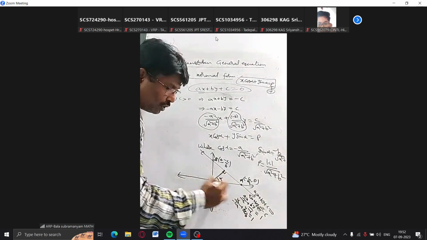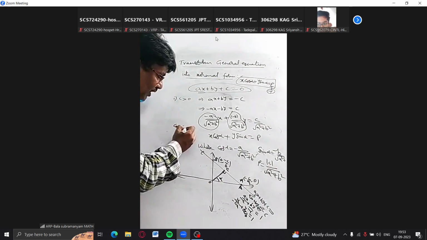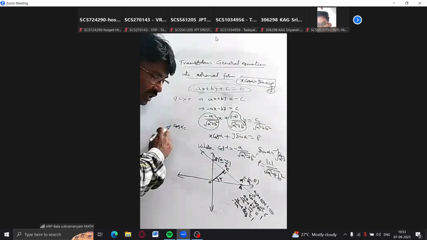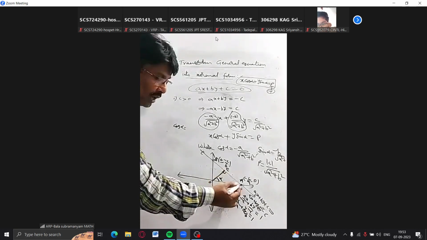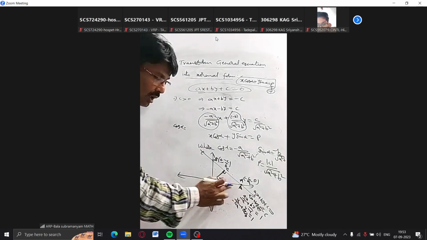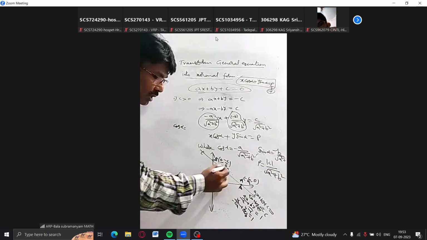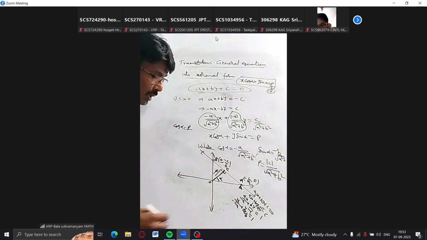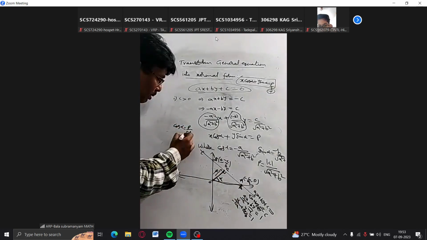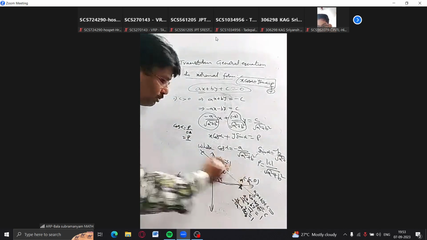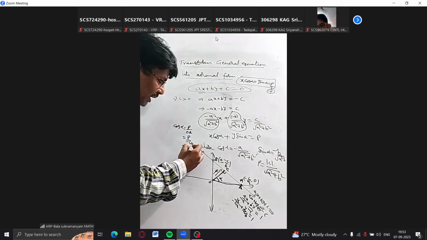From triangle OAC, cos alpha is equal to adjacent to hypotenuse. OA is the hypotenuse, OC is the normal, that is p. The OC is the adjacent side, so p by OA. The value of OA is minus c by a, so that's why it is minus ap by c.